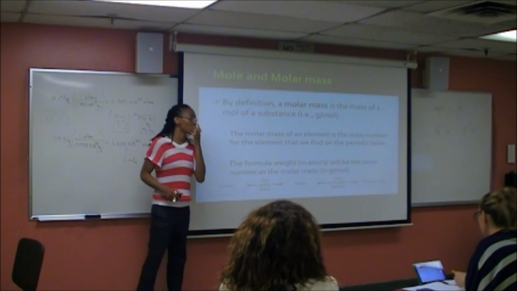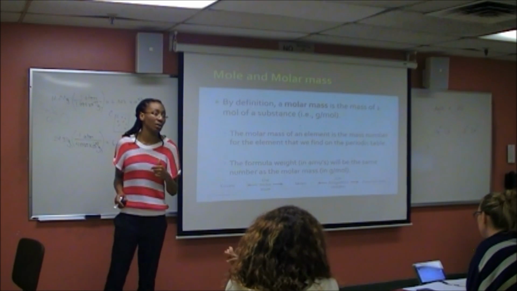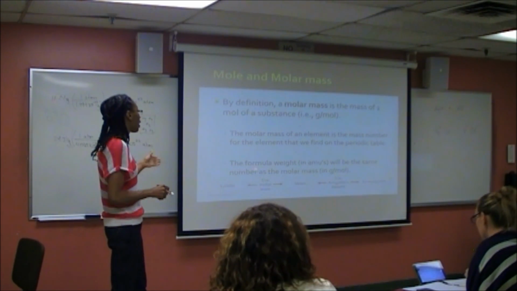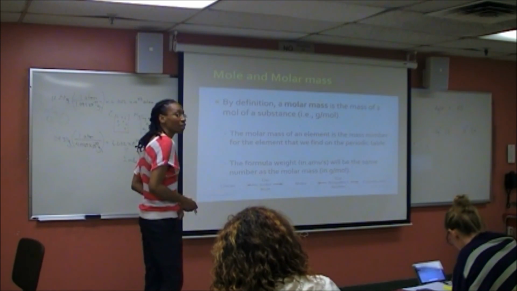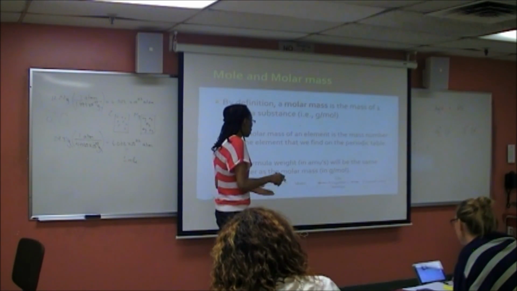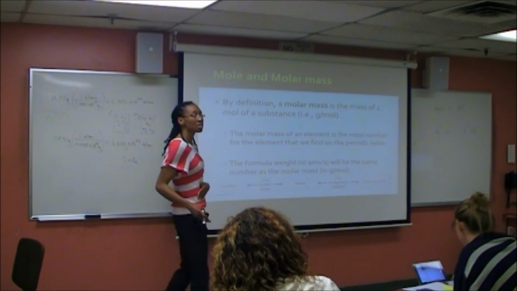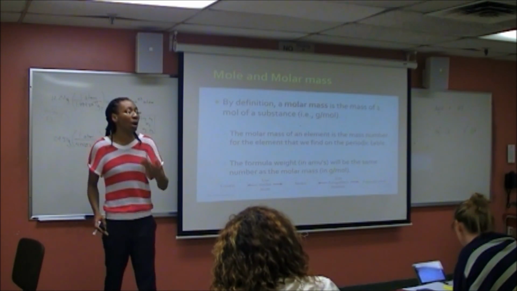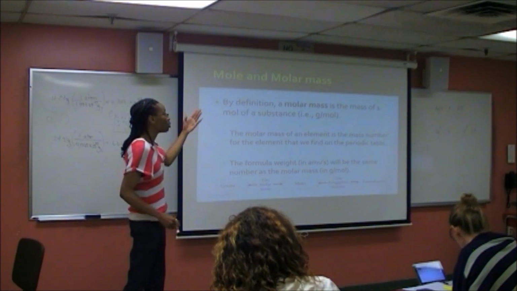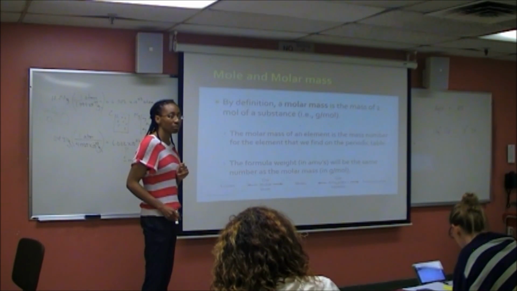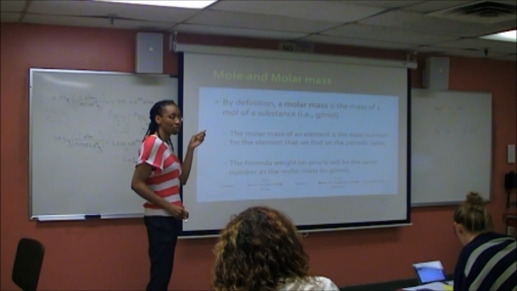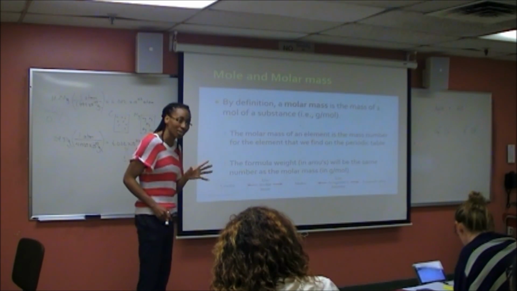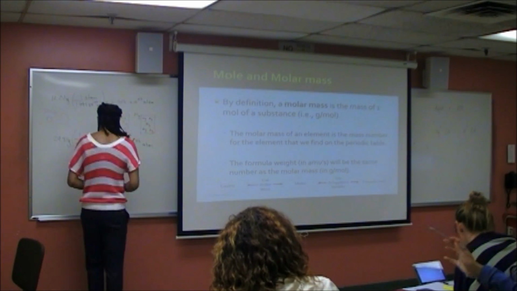So how do we do our conversion factors now? You have grams. In order to get to moles, you need to find your molar mass. In order to go to formula units, meaning atoms or molecules or ions, we need to use our Avogadro's number. Do we get that? We're going to take some questions to practice, like what we just did.